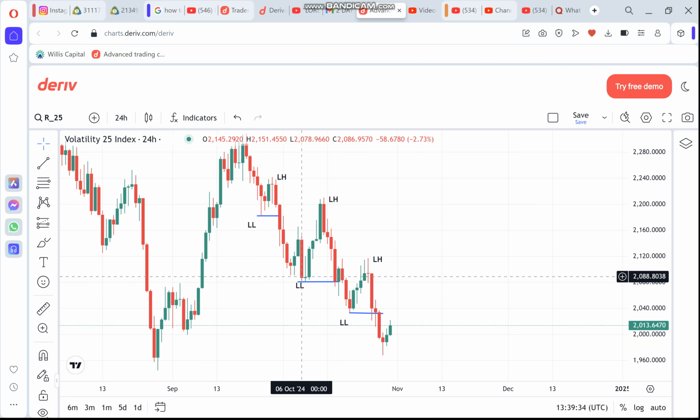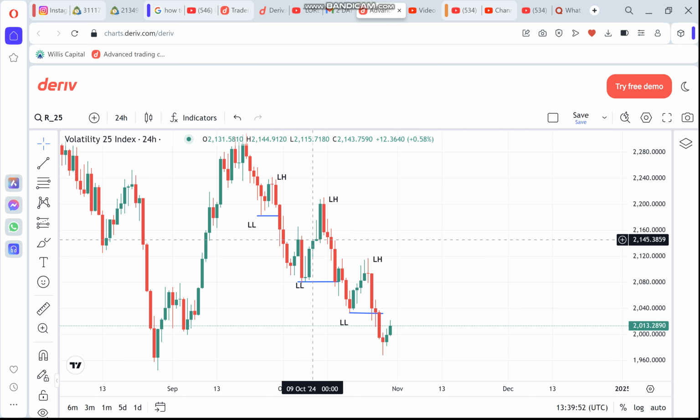Because we have more than 3 consecutive candles closing above the other candles, like this. You see, the first candle closed above, the second candle closed above the first candle, the third candle closed above the second candle, and so on.